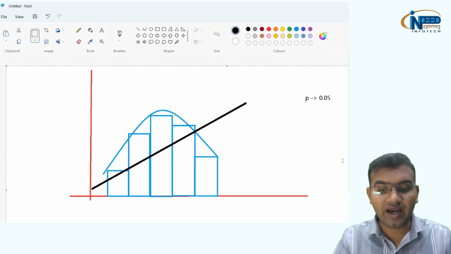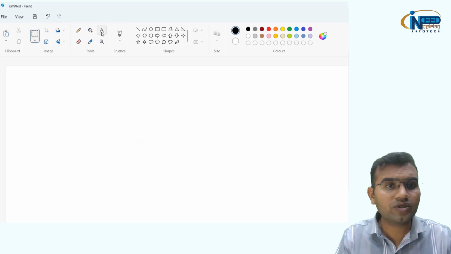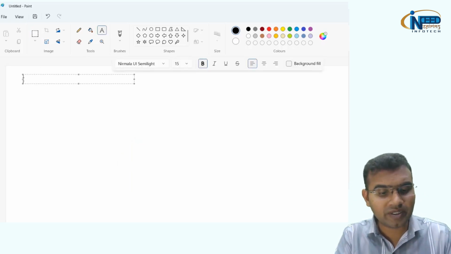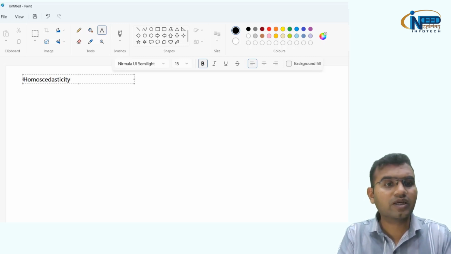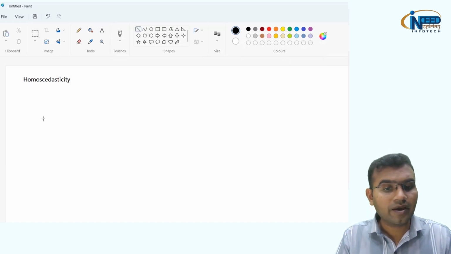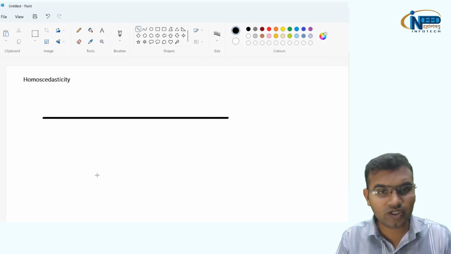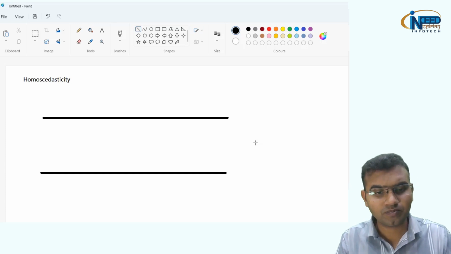Now the next point we have is homoscedasticity. This homoscedasticity should be present. The variance of the errors or residuals should be constant. That is homoscedasticity.